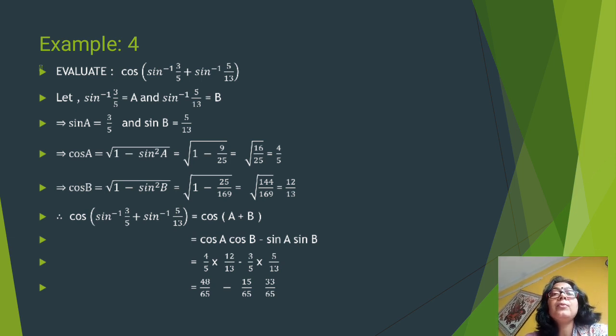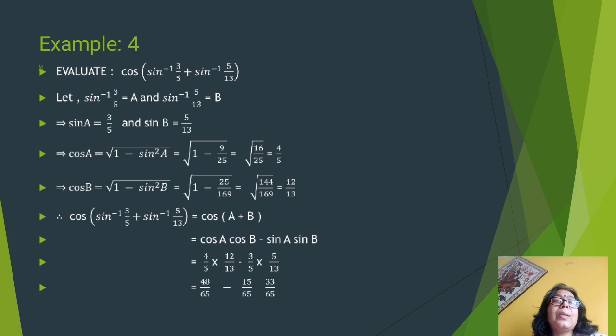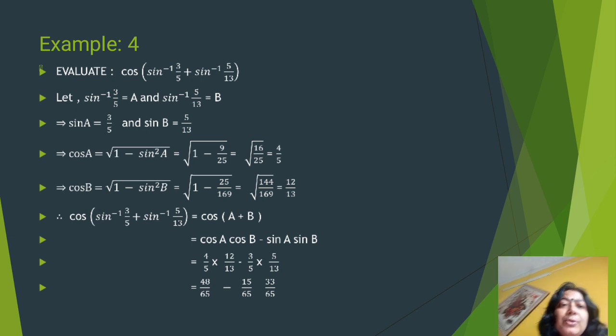So from here we can get cos a. Sin a is 3 by 5. So cos a is root over 1 minus sin square a, means 1 minus 3 by 5 whole square, that is 9 by 25. So after calculation we are getting 4 by 5. Next is cos b. Cos b also the same way, from sin b we have got it.